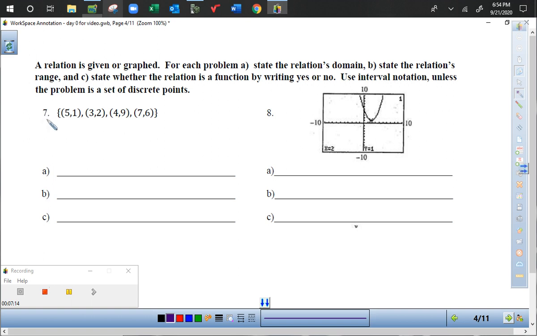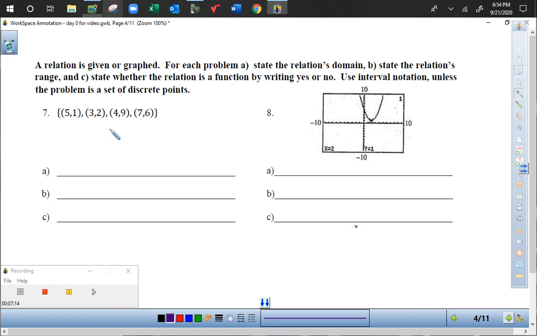So like number 7 here, we've got specific points. There's 4 ordered pairs there, so we can do the domain by just listing all the x values and the range by listing all the y values. We only want to use set builder notation or interval notation when we have an infinite amount of values in the domain and range.